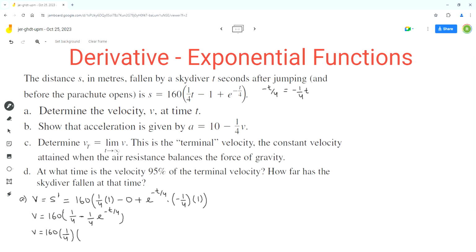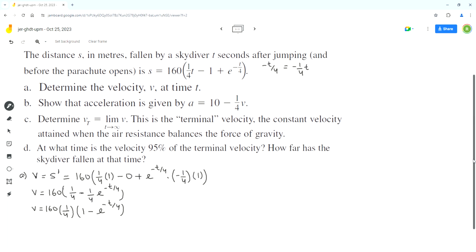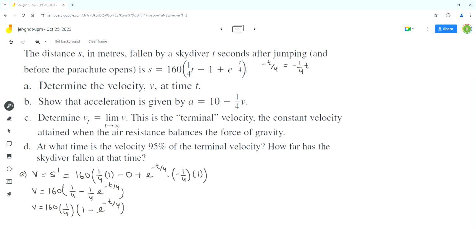So in the parentheses we get 1 minus e to the power negative t over 4. Now we can multiply 160 by 1 over 4 and we get 40. So this is the velocity of the skydiver at time t. So we are done with part A.